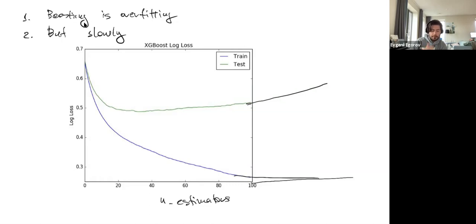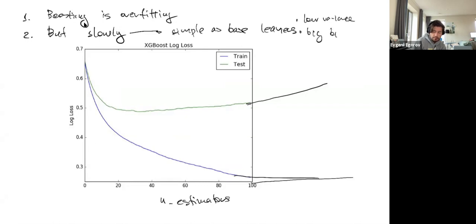Why slowly? Because we said that we would like to use simple models as base learners, so they have low variance and big bias.